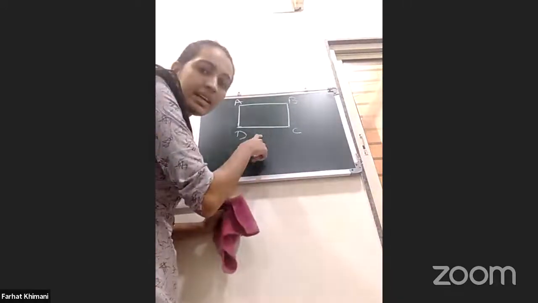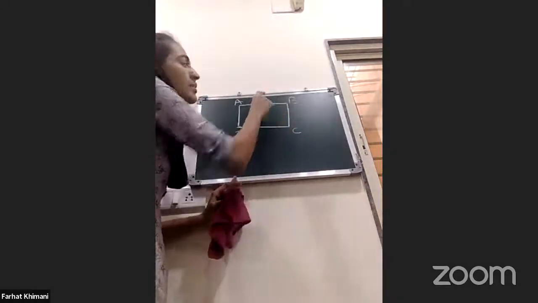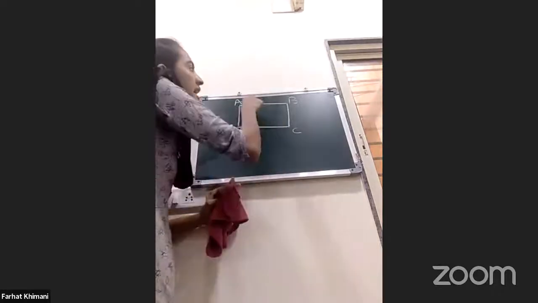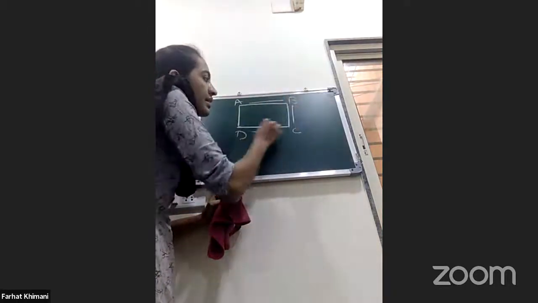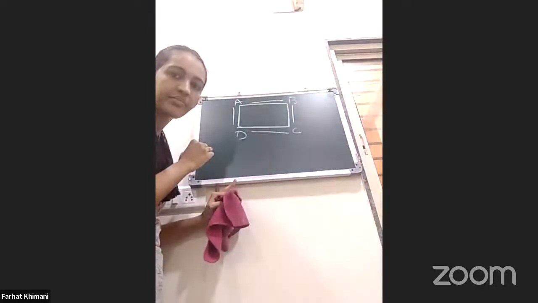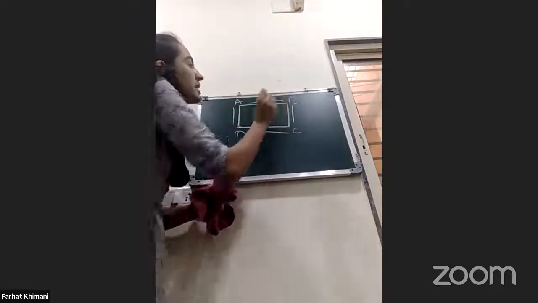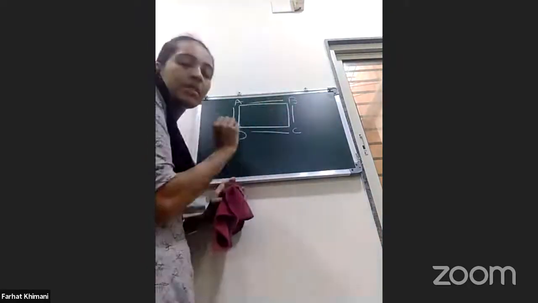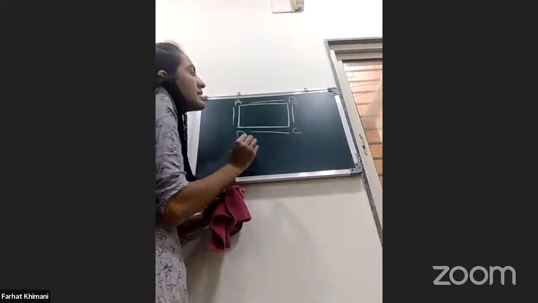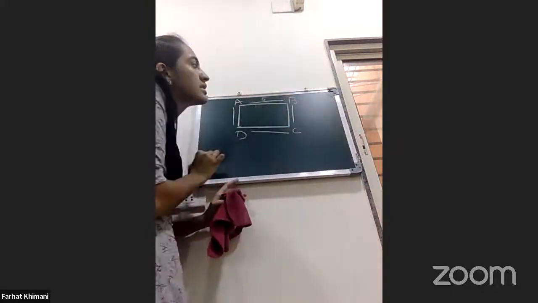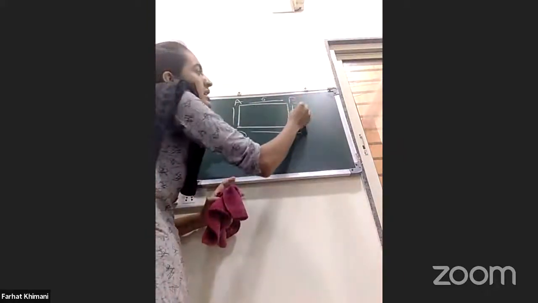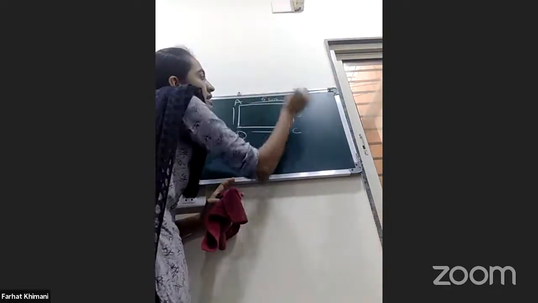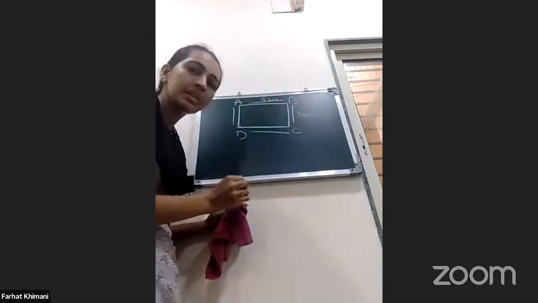This is a rectangle. And for perimeter, what we have to do is add all the 4 sides together. Let me take the length of this rectangle as 6 and the breadth as 3, 6 centimeter and 3 centimeter.